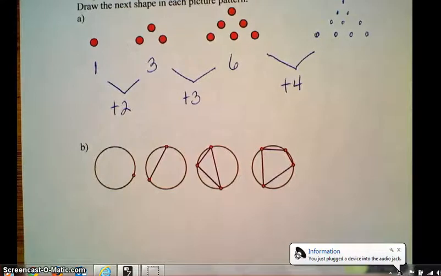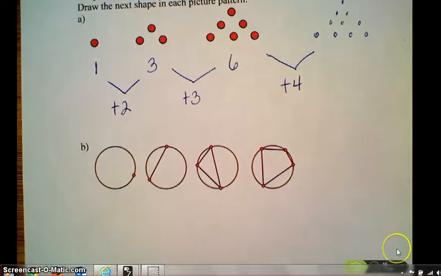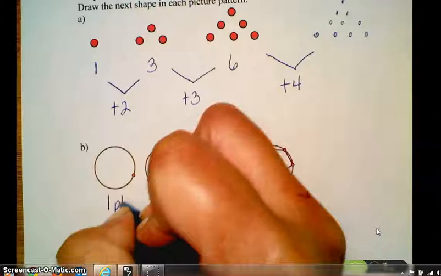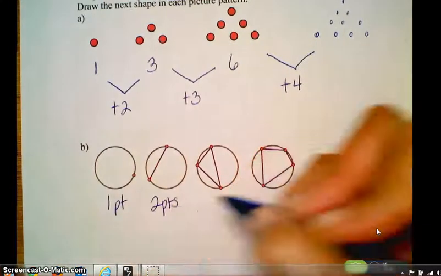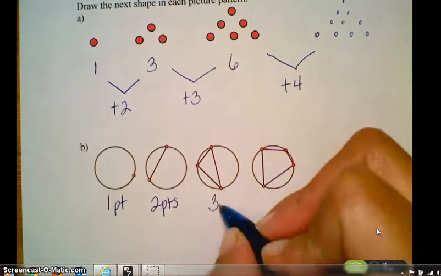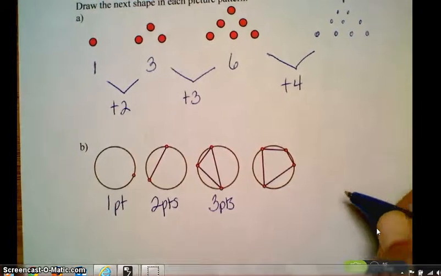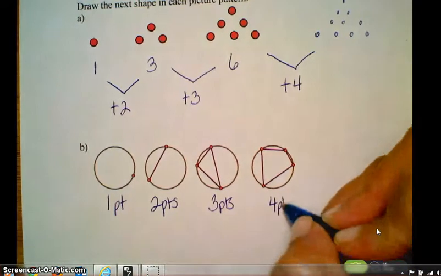So if you're really back now, we are going to see that in the first picture we have 1 point. In the second picture there are 2 points. Third picture, 3 points on our circle, and fourth picture, 4 points.